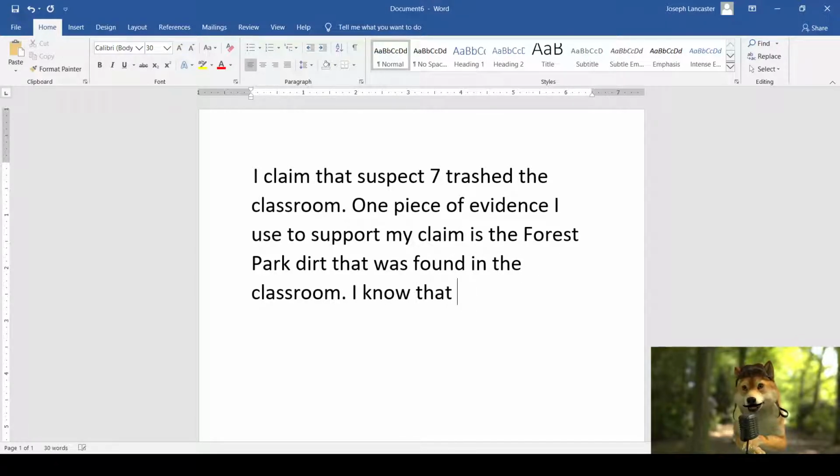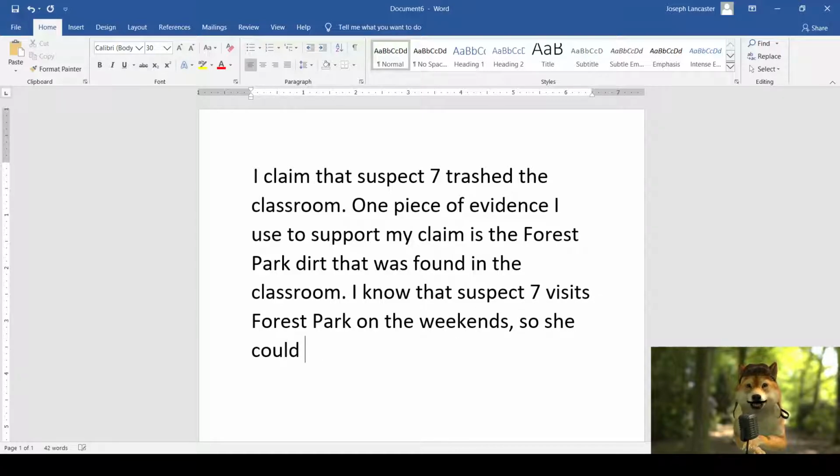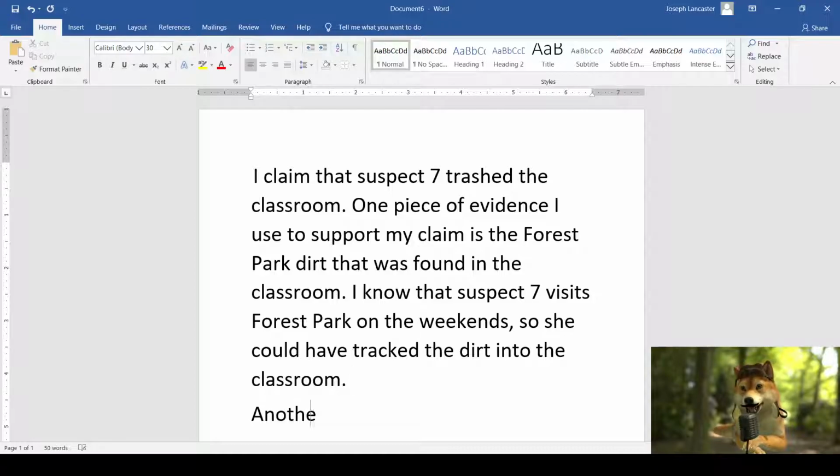I know that Suspect 7 visits Forest Park on the weekends, so she could have tracked the dirt into the classroom. I'll say that. Then you move on to the next one. Another piece of evidence, etc., etc.